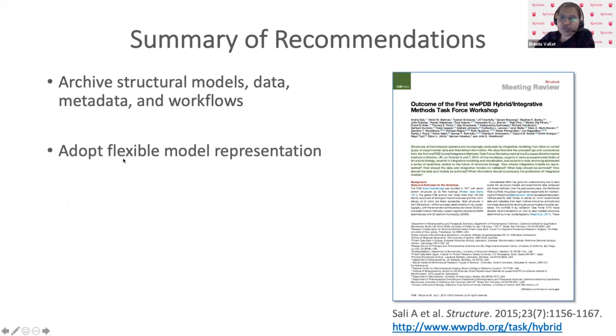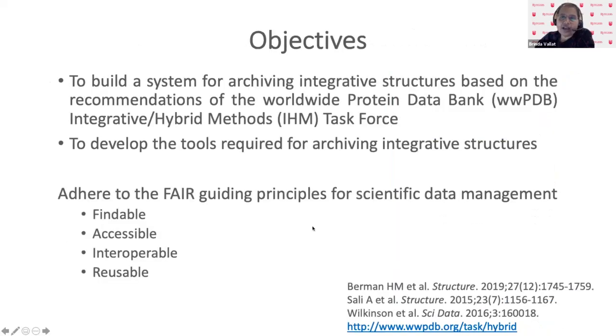In this talk, I will focus on the implementation of the first two recommendations, which are archiving integrative structural models, data, metadata, and workflows, and adopting a flexible model representation. With this background information, we can state our objectives as follows.